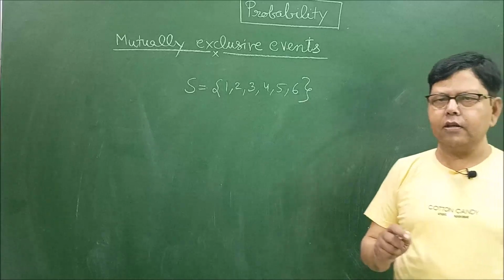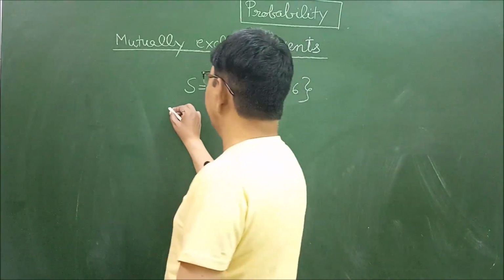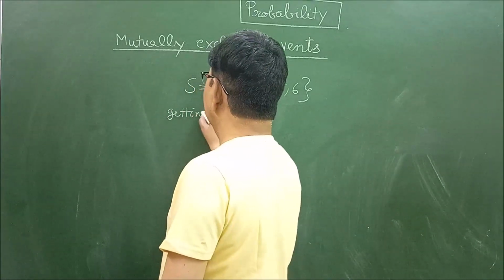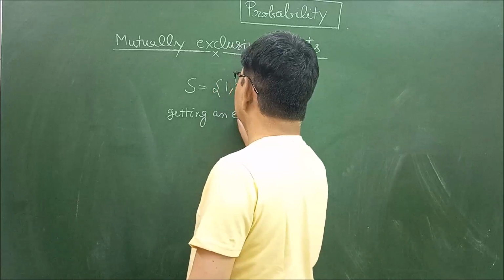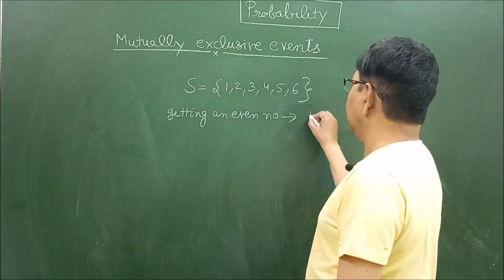Now let us consider two events. First event, getting an even number. This event is E1.